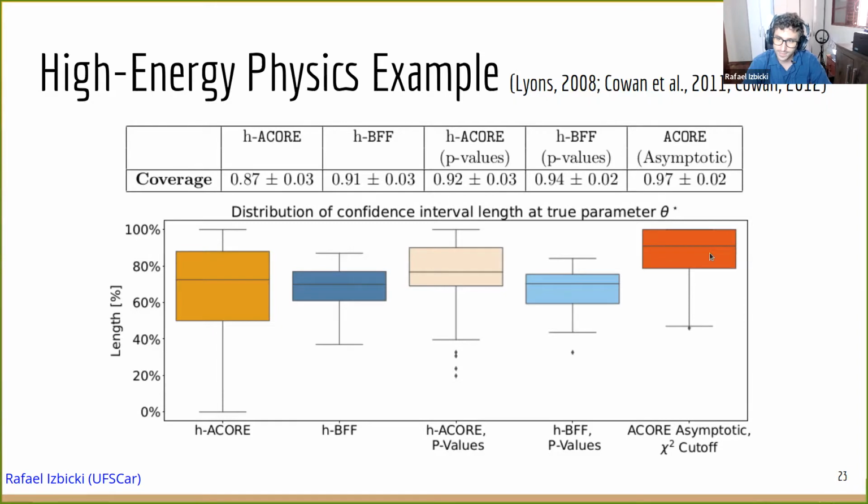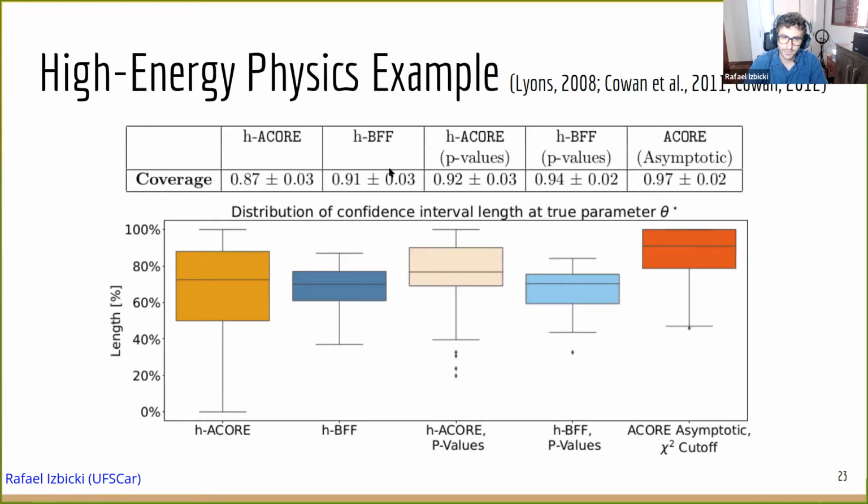And what you can see is that for ACOR, using the asymptotic version, about 25% of the times your output is the whole parameter space, so it's pretty useless. So it's overcovering, and it's overcovering in a really bad way because it's giving you the whole parameter space.